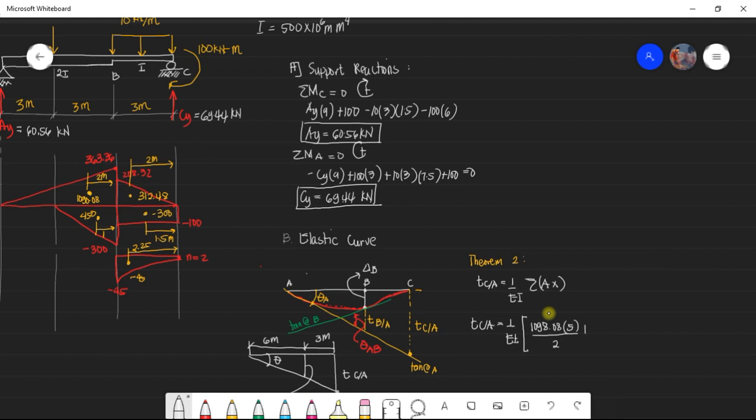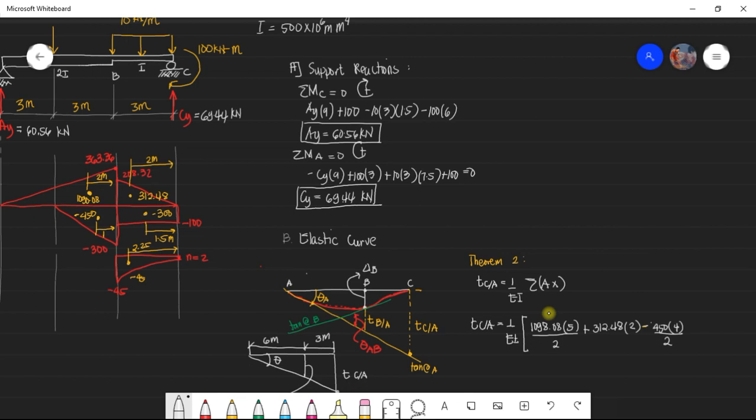Plus, yung 312.48, ang moment arm niya from C is 2. I lang yun, so divided by 1, kahit di na natin lagay. And then, yung minus 450, nakalimutan ko, dapat may minus to, kasi negative area to. Minus 450 times 1 plus 3, that is 4 meters, again over 2, kasi 2I yun.